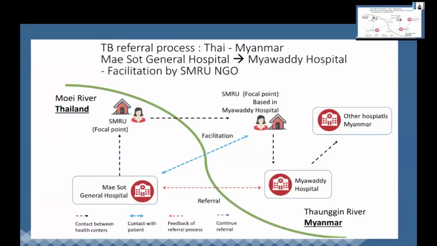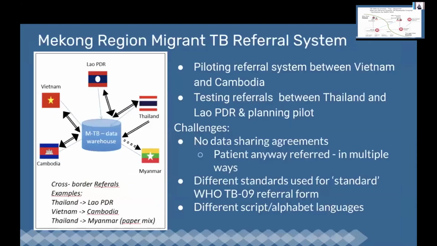And again, if you look at the Myanmar border to Thailand, there the referrals are physically carried out by an NGO, which follows the patients over to the other side and uses a paper-based system. What is important when it comes to TB in general is, first this one, then just an overview.